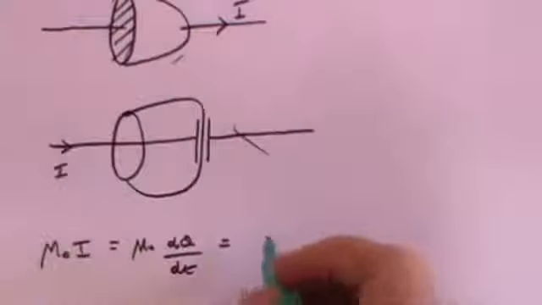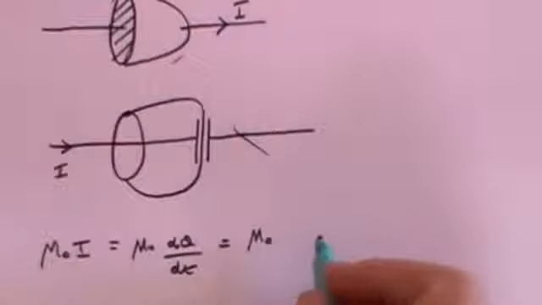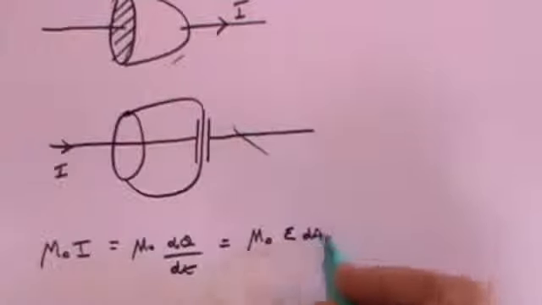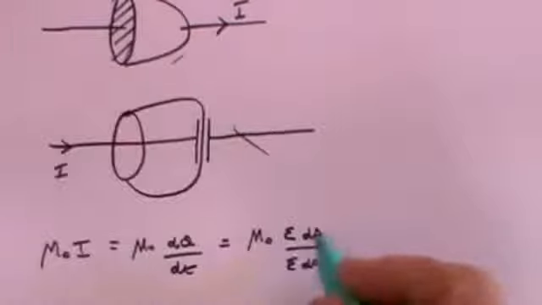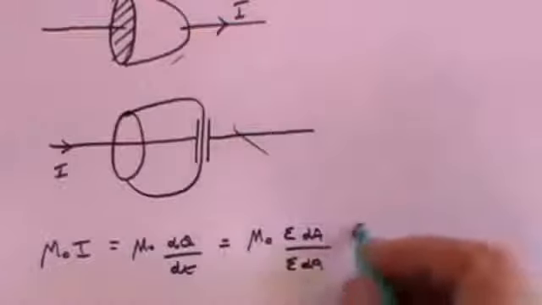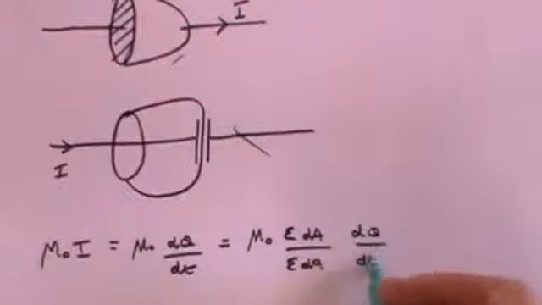So I am going to take mu0, and then multiply by epsilon dA divided by epsilon dA, that's just 1, so I've done no damage to the formula, times dq by dt. Let me just show you what I've done.